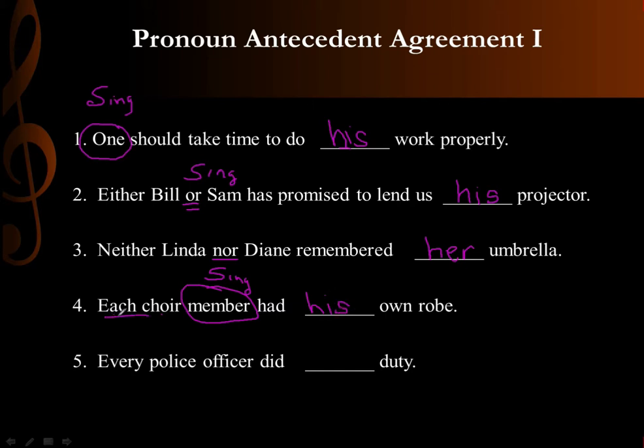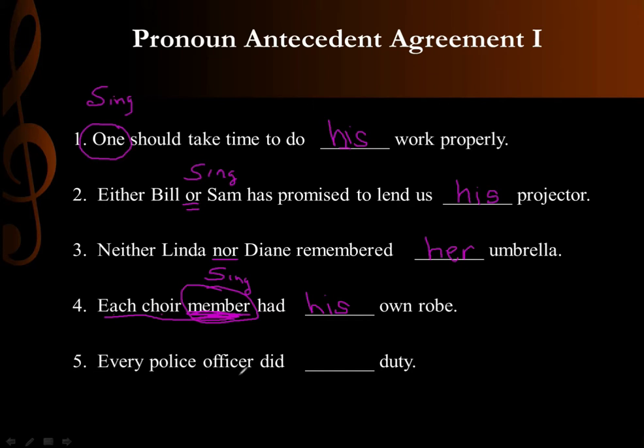When we say each member, each choir member, I know that contextually it sounds like we're talking about everybody. But you have to look only at the antecedent, that's one word, and you say, is that singular or plural? It is singular, therefore your pronoun has to be singular. It's the same thing here.